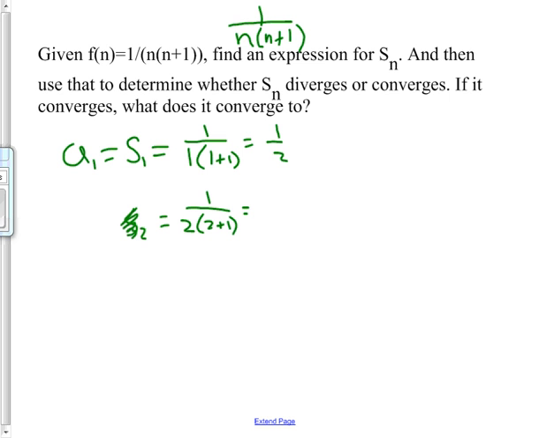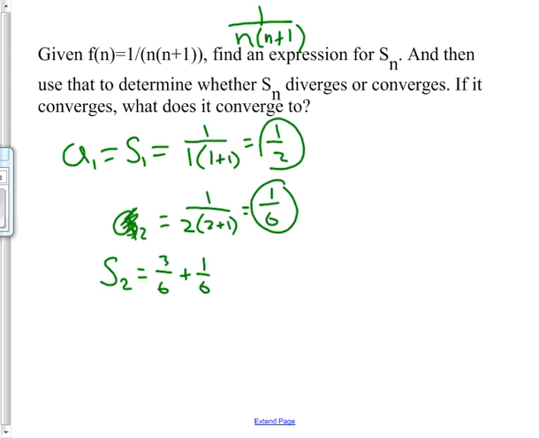This is just A sub 2, 1 over 2 times 2 plus 1, and this equals 1 over 6. So S sub 2 is the sum of these two terms, A sub 1 plus A sub 2: 3/6, which is 1/2, plus 1/6, which is 4/6, or 2/3.